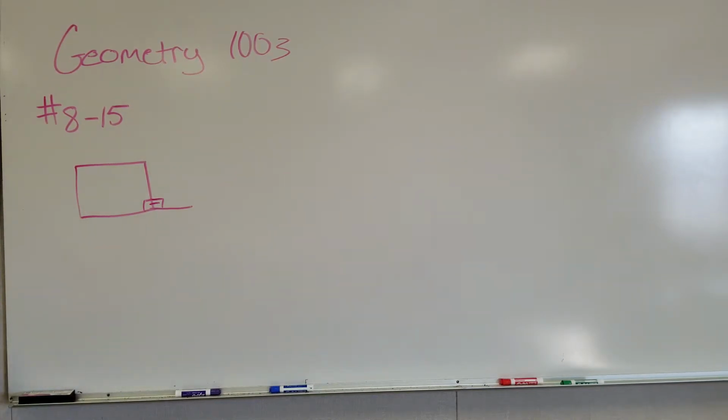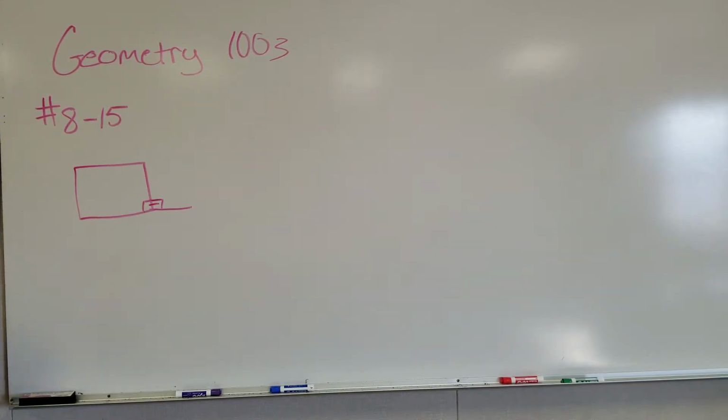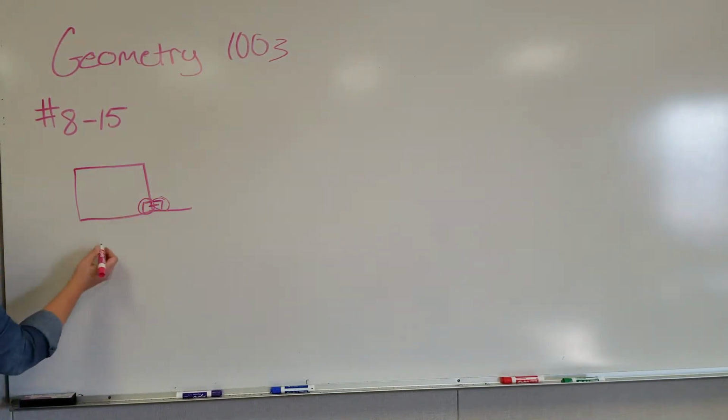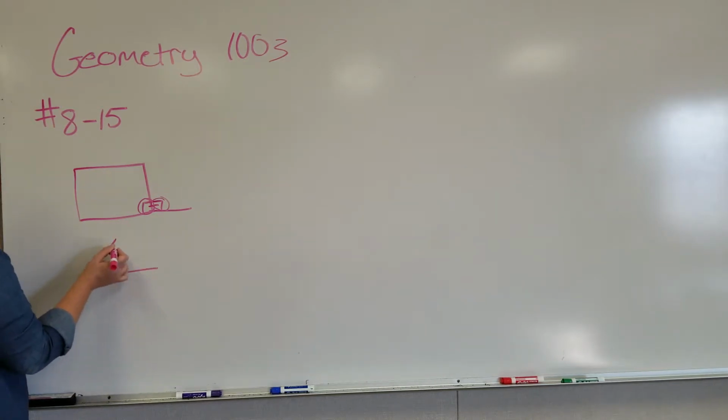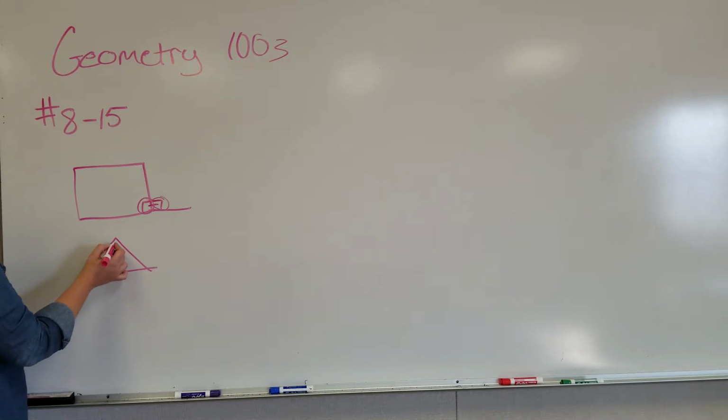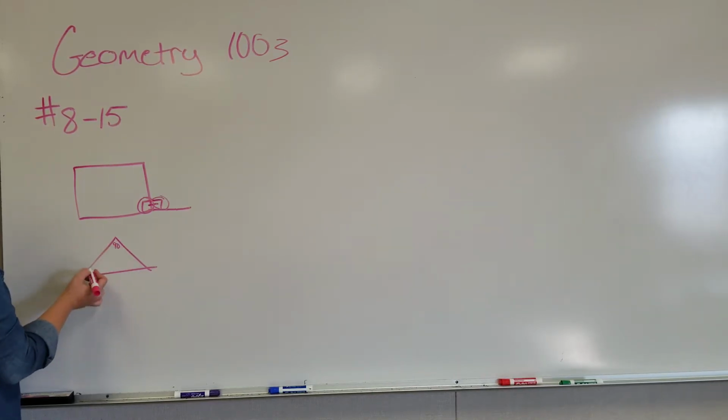But this question says, the measure of an exterior angle at the vertex of a polygon sometimes equals the measure of the adjacent interior angle. So these are equal to each other, the exterior and the interior. But that's only going to happen with right angles. In this case, say this angle is a right angle here, and this one is 20 degrees.